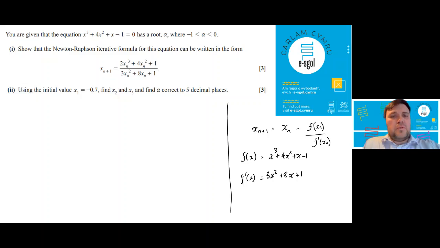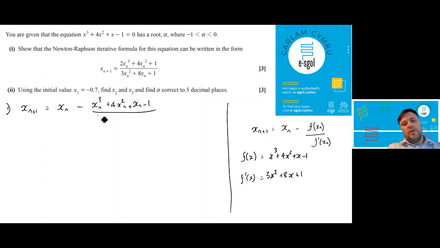We then need to substitute it into the Newton-Raphson formula above and simplify it out to give you what you needed. So for part 1, x_(n+1) is equal to x_n minus (x_n cubed plus 4x_n squared plus x_n minus 1) over (3x_n squared plus 8x_n plus 1).